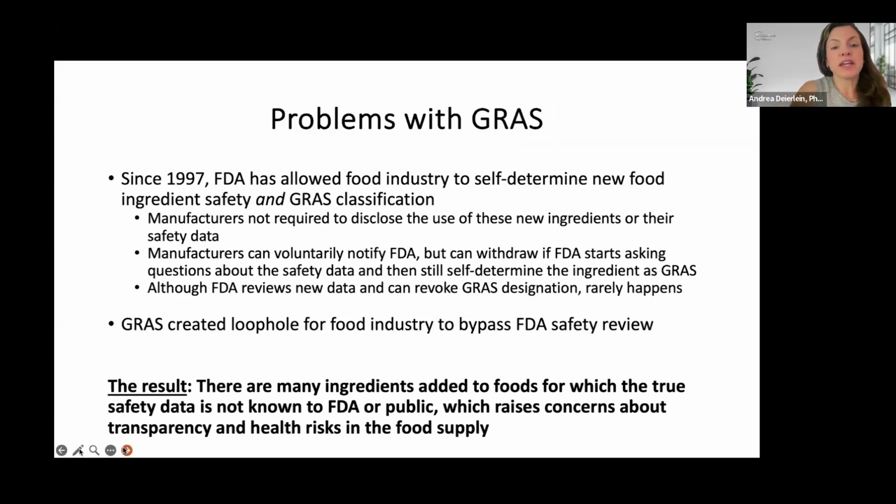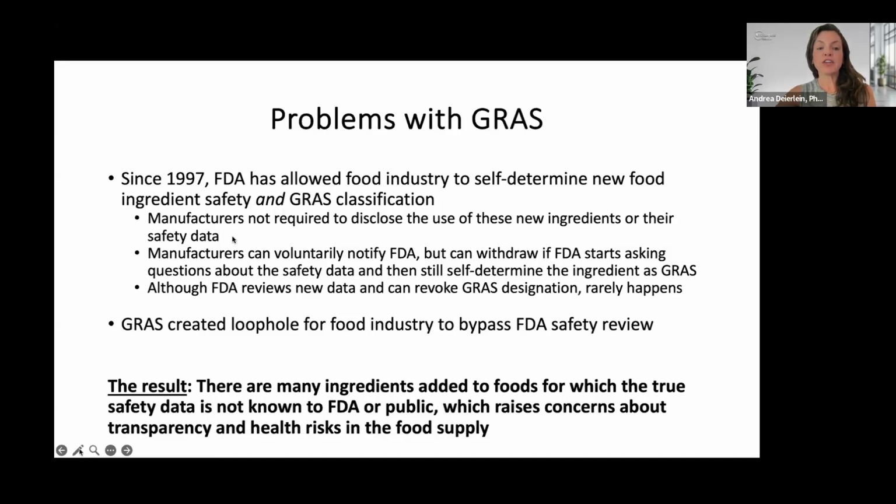And so this is what, if you look at any articles online or in newspapers and media talking about this, a lot of times they're talking about the issue with food additives in our food supply being related back to this generally recognized as safe loophole. Since 1997, the FDA has allowed the food industry to self-determine a new food ingredient's safety and classify that ingredient as GRAS.